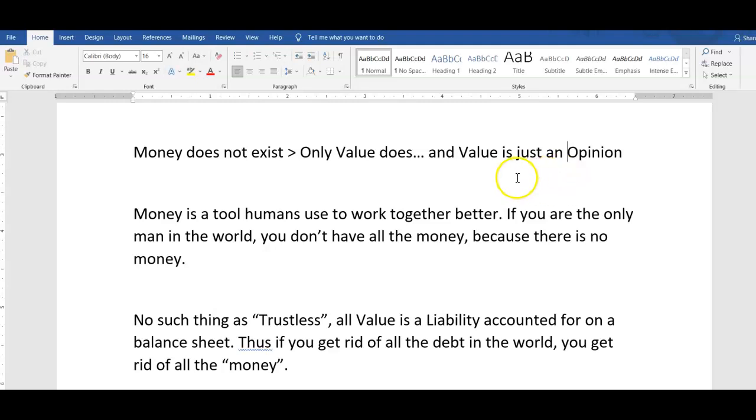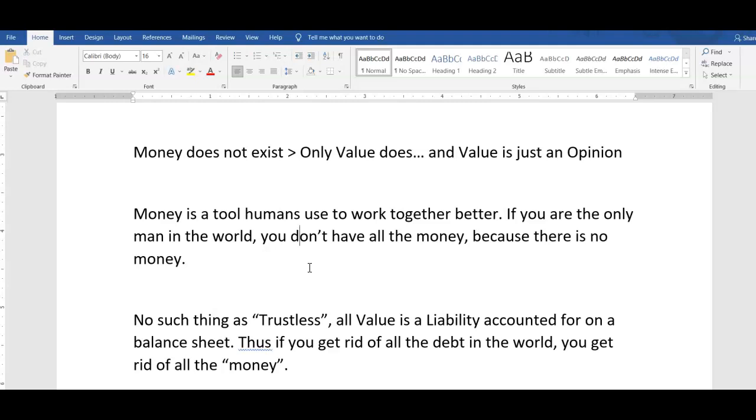It's kind of sad. Anyway, another thing: money is a tool that humans use to work well together. It may not always seem like it, but one of our species' core strengths compared to other species is we really work well together. And money is kind of an emergent property.